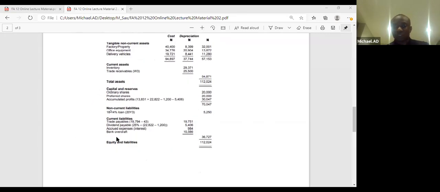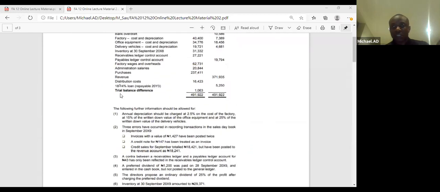So what is the administrative cost from your question? The administrative cost here is 20,844. We also have depreciation that relates to it, office equipment. We have cost and depreciation. Note that for the factory, it only says 2.5% on cost of factory. That is why we just find 2.5% of this 40,400.